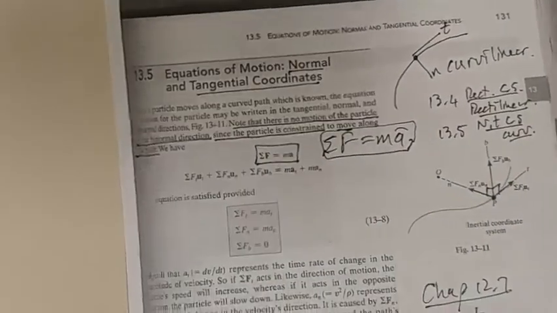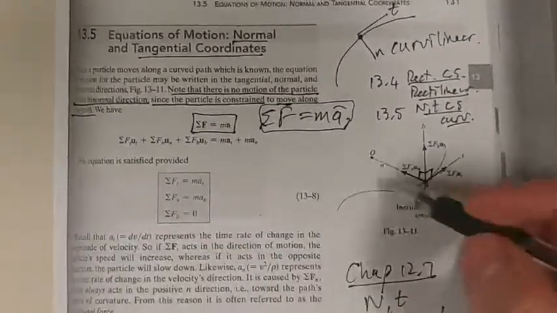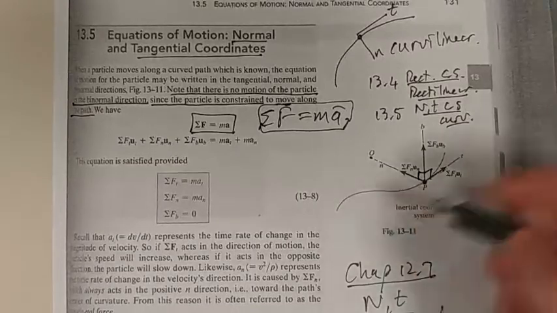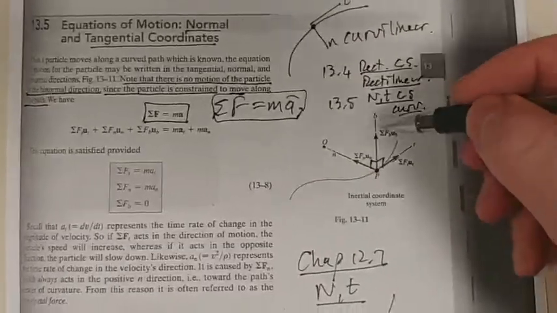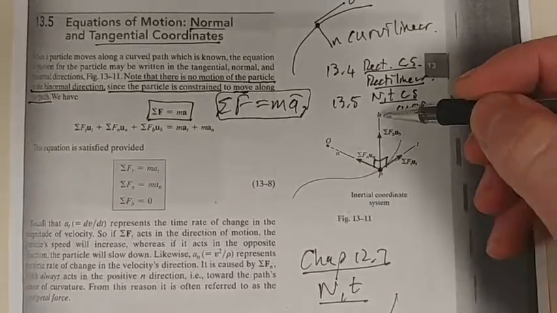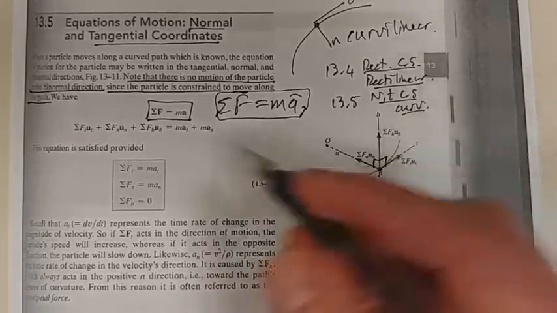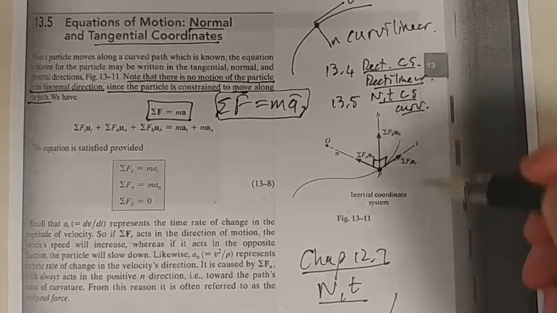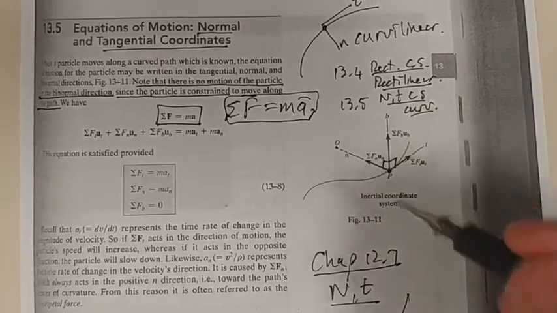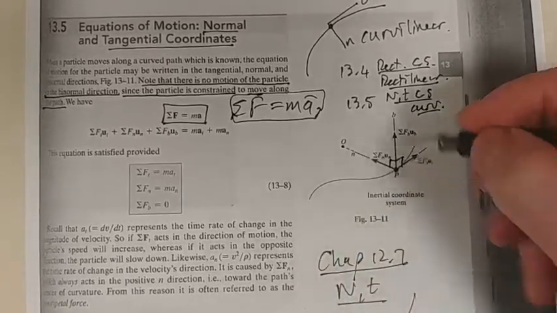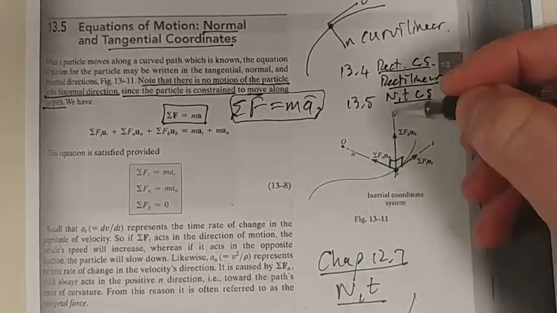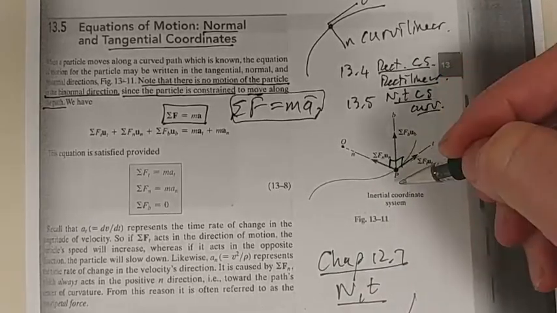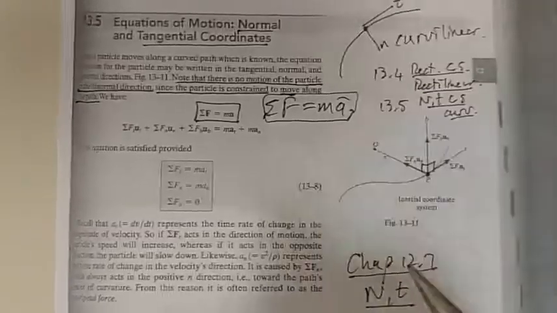So what are we saying? As this moves along the path, it's important that we define this direction because it helps us, when we calculate our forces, it helps us calculate important information. But our assumption is that there's no motion in this binormal direction. So what does that mean?